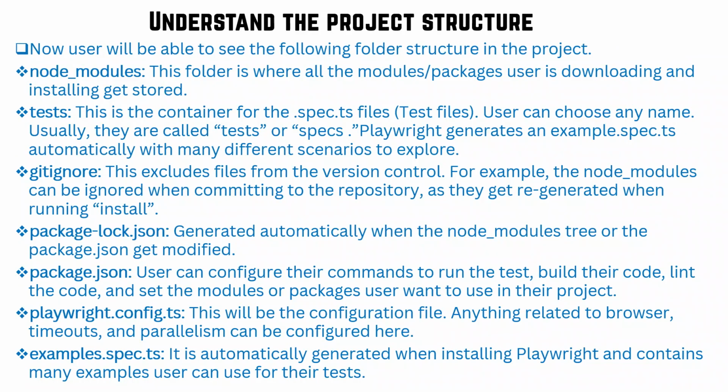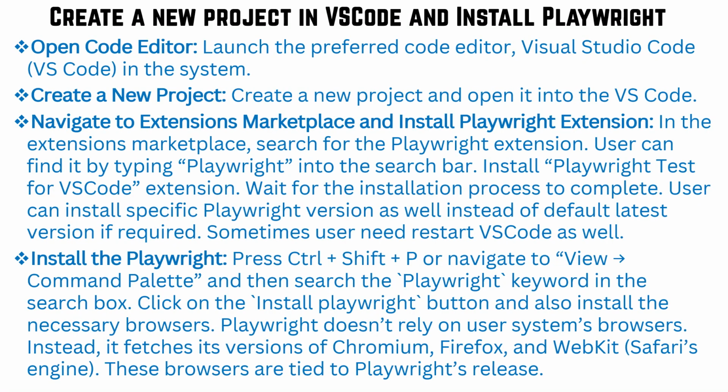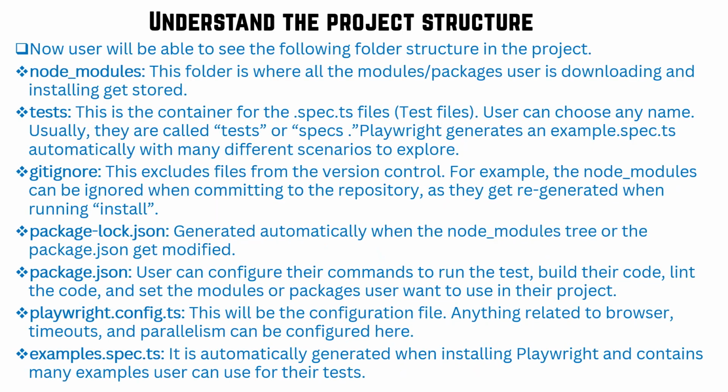So what you learned today, what we did today: we simply created a folder, opened that folder in the Visual Studio Code editor, installed the Playwright extension, and installed Playwright for the relevant browsers. Automatically my folder structure got generated, where we have node_modules, the tests folder, .gitignore, the package-lock.json file, the package.json file, the config file, and a default spec.